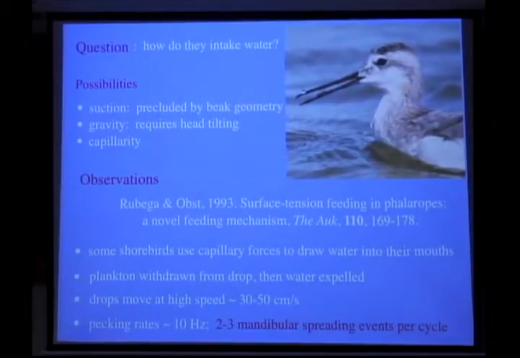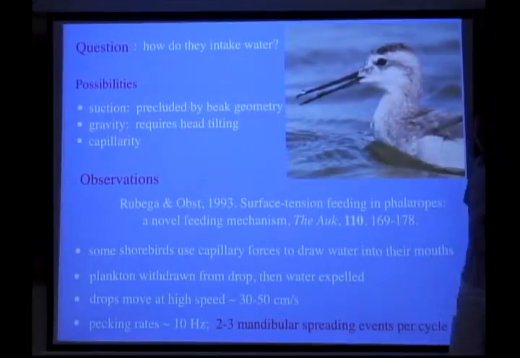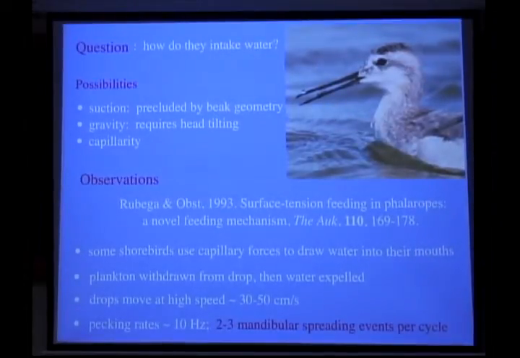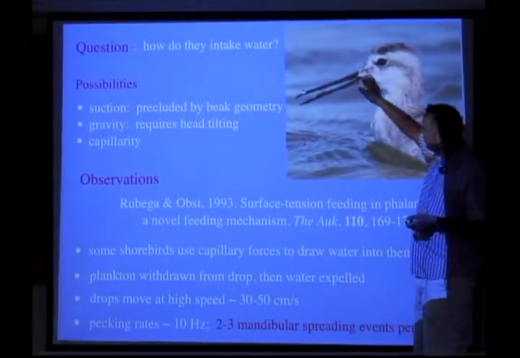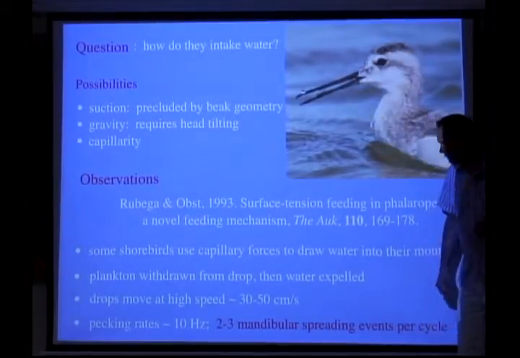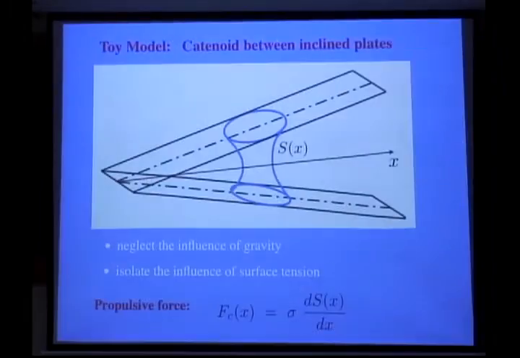But does capillary rise work in a beak geometry? Not clear, but we can answer that. So they draw up their prey, they grab the prey, and then they expel the water. And they do this 3 times per cycle. In order to move the drop from the tip to the mouth, they have to open and close it 3 times.